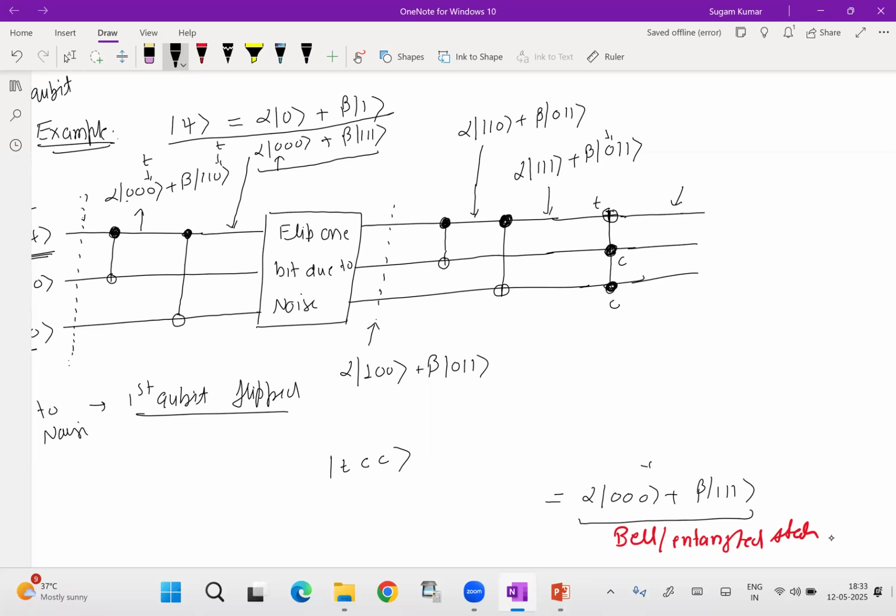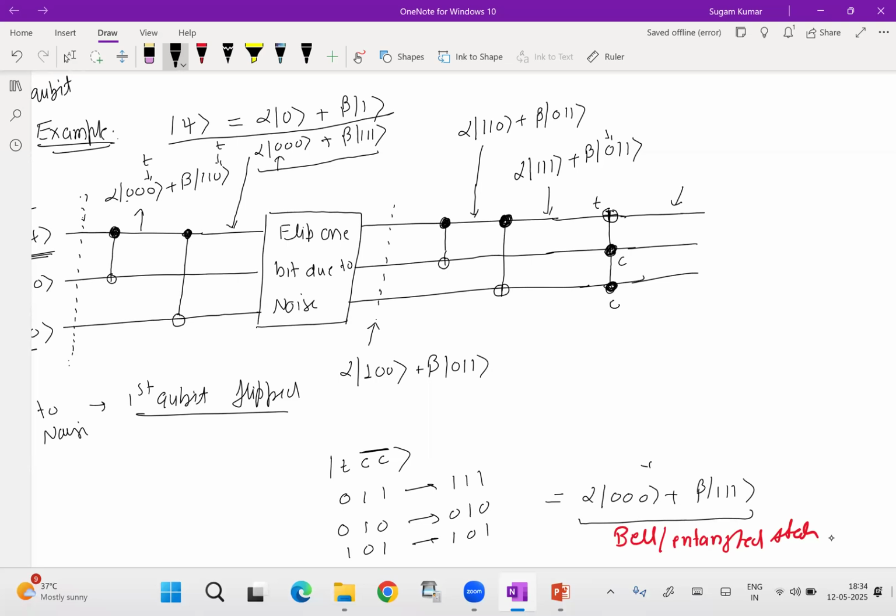So in the CCNOT, when you have, let us say, 0, 1, 1, it becomes 1, 1, 1. But if you have 0, 1, 0, then nothing will happen. If you have 1, 0, 1, it still remains 1, 0, 1. Only when both controls are 1, 1, then this will change.